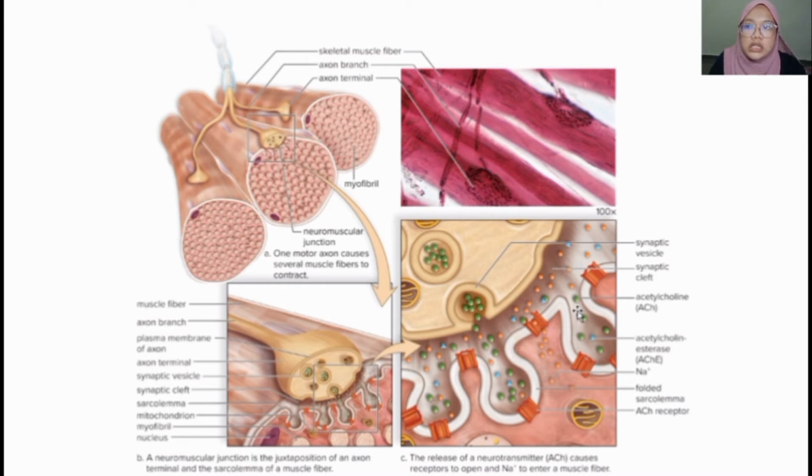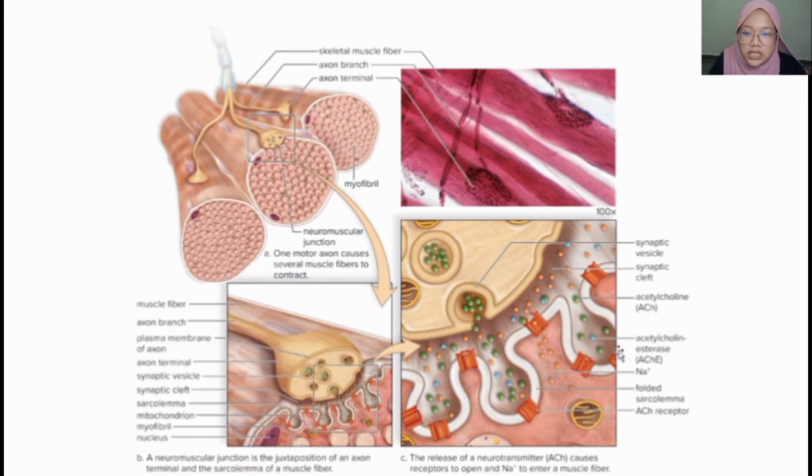ACH is the chief neurotransmitter of the parasympathetic nervous system, where it makes sure of the contraction of smooth muscle, dilates blood vessels, increases bodily secretion, and slows the heart rate.